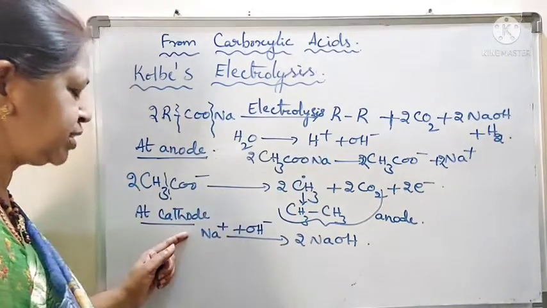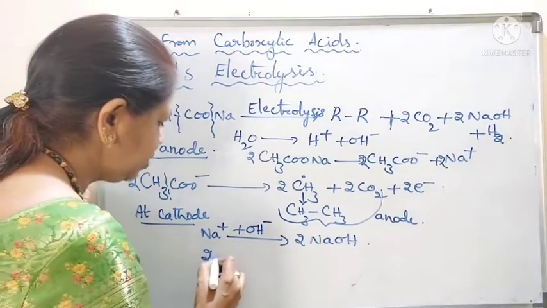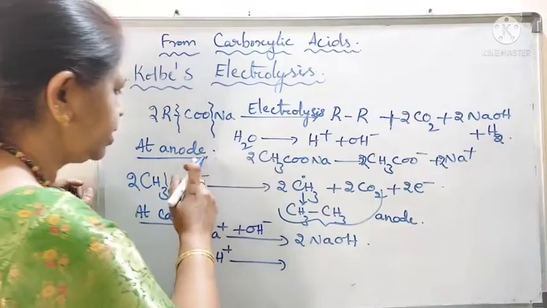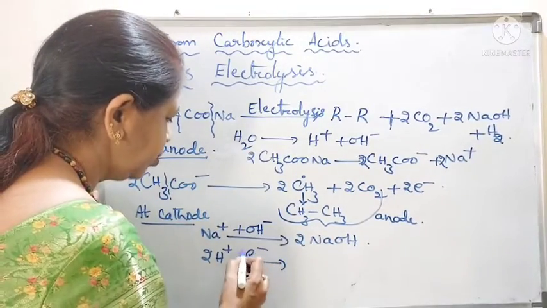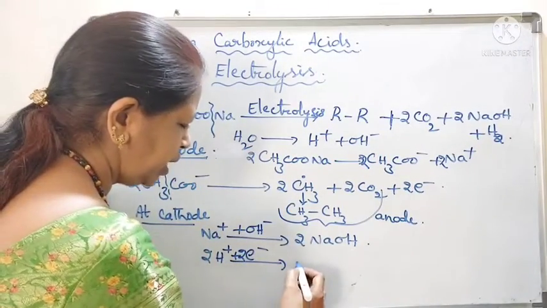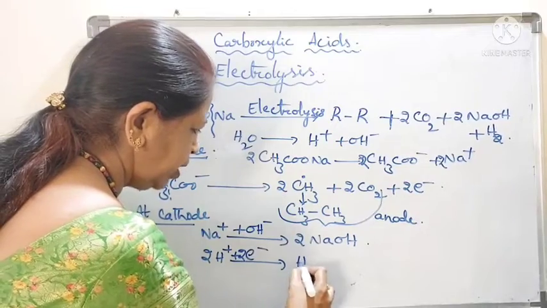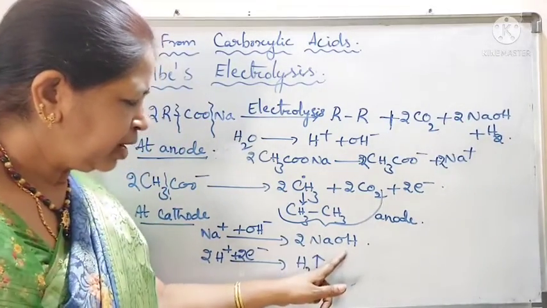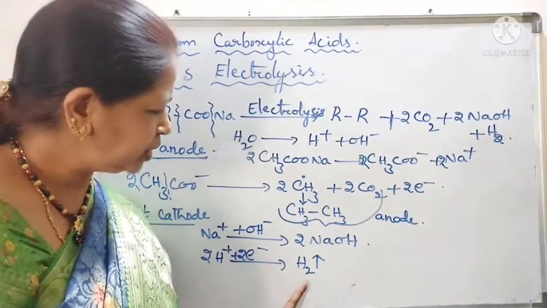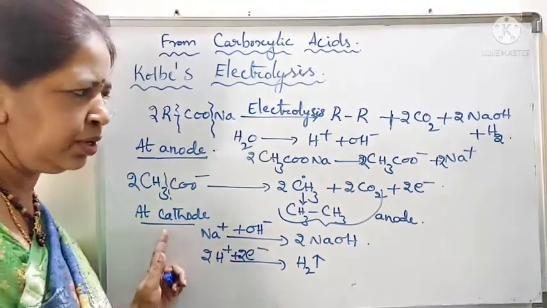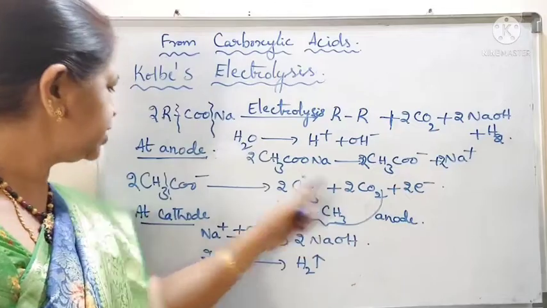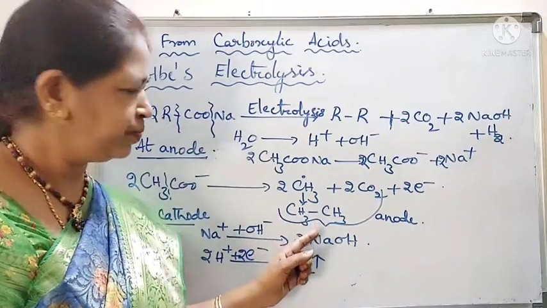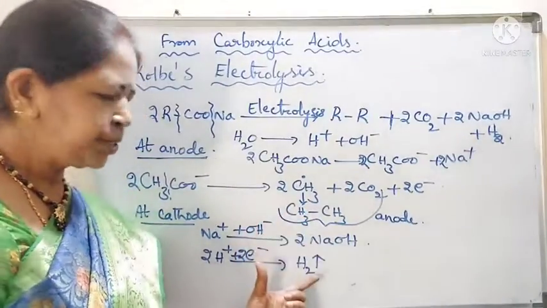They also come towards the cathode. 2 H plus ions will take the 2 electrons evolved at anode, and they will form 1 hydrogen molecule. So, sodium hydroxide and hydrogen gas. Hydrogen gas is formed at cathode and carbon dioxide gas is formed at anode in Kolbe's electrolysis method. So, this is the reaction.